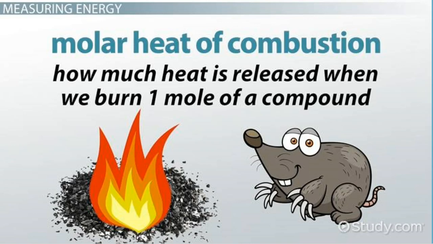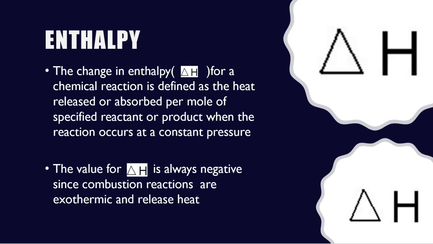So it's not just how much was burnt in your experiment, but actually the amount per mole. So you're going to need to do those calculations to make it easier to compare between the different alcohols that you are studying.